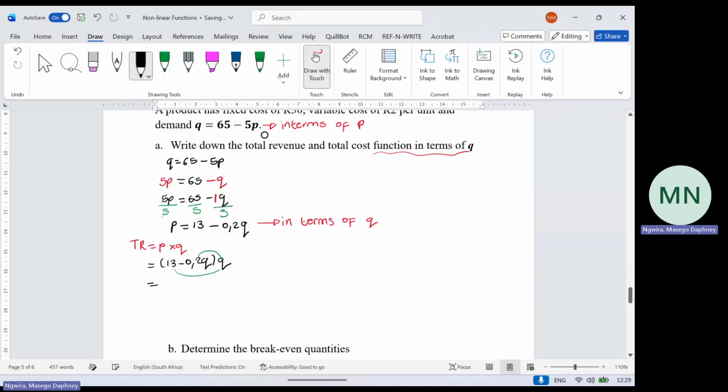My answer will be 13Q minus 0.2Q squared. That's the total revenue.